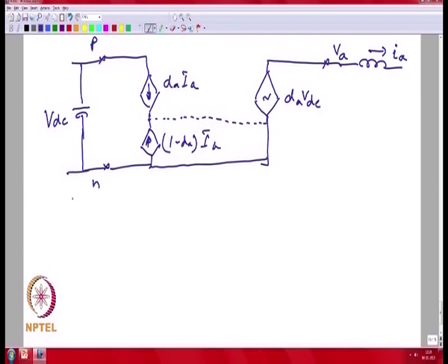You can actually simplify it, and you can make the model to be something simpler. You have essentially d_A I_A.